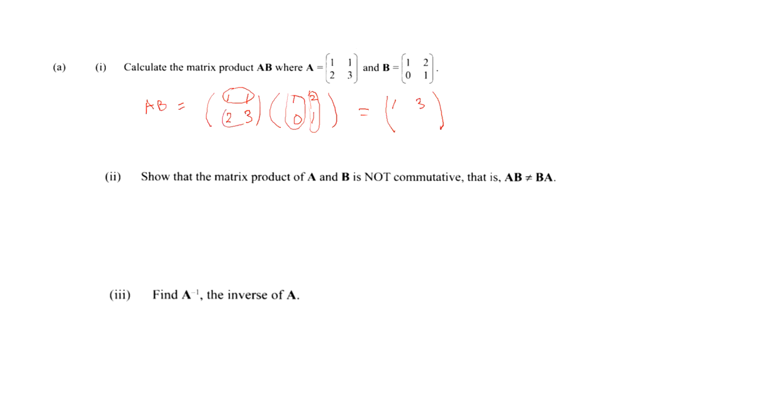And then we have to take 2, 3 and multiply by 1, 0. 2 by 1 will give me 2, and 3 by 0 will give me 0, so this will be 2. And then we take this row multiplied by this column, so 2 multiplied by 2 will give me 4, and 3 by 1 will give me 3, so 4 plus 3 is 7. So this is the product of AB.